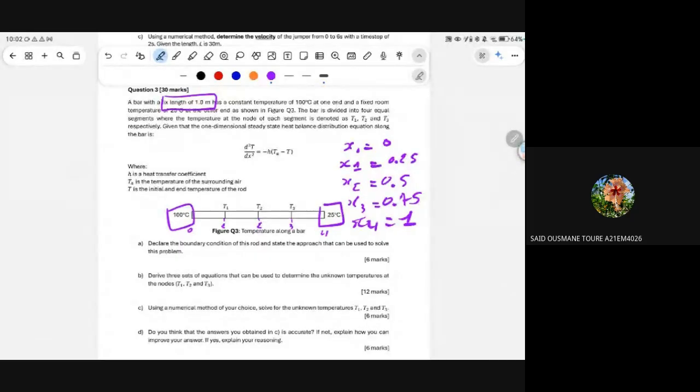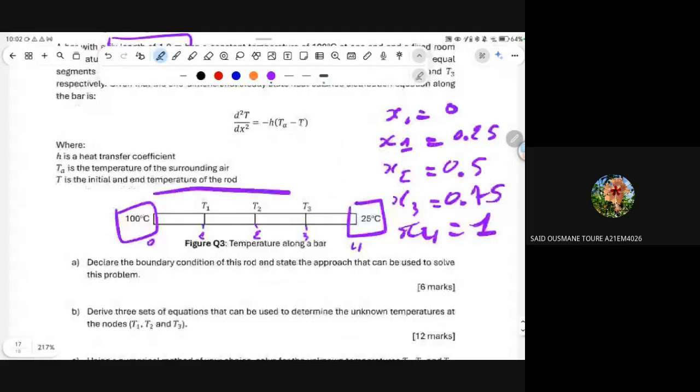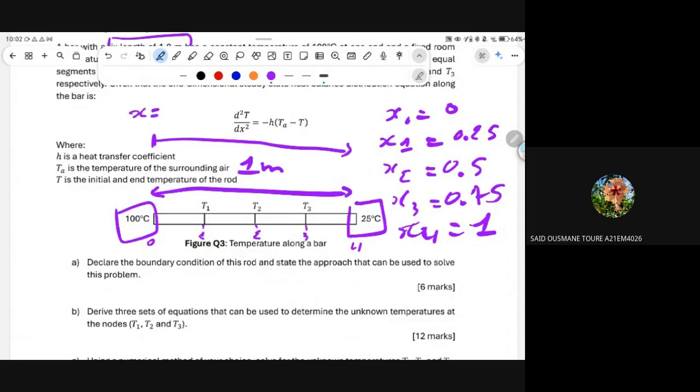Okay. They say that this bar is 1 meter. The length of this bar is 1 meter. So if you want to start from here, you want to go here. X equals the length. X here equals how much?